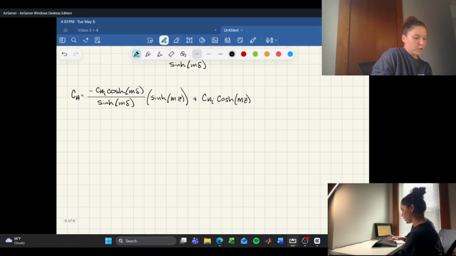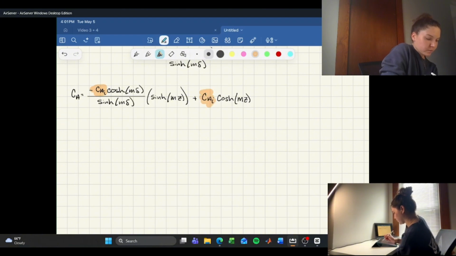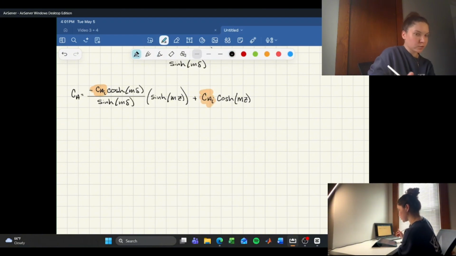So now we can factor out this concentration of A at the interface and give it a common denominator.